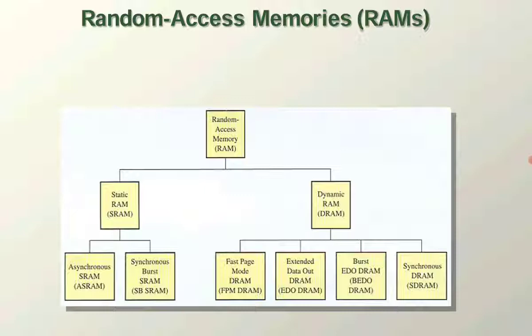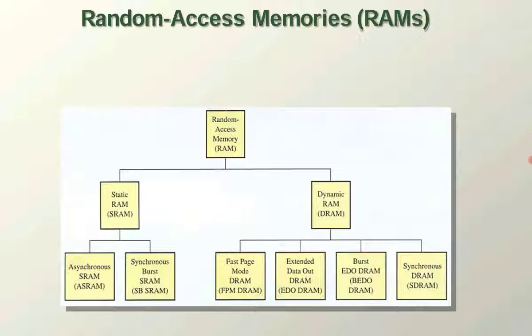RAM, or random access memory, is high speed memory. Again, RAMs are two types, dynamic RAM and static RAM. Static RAM is stored in a continuous sequential manner, and dynamic RAM is stored dynamically. In static RAM, the data is stored in continuous memory locations.